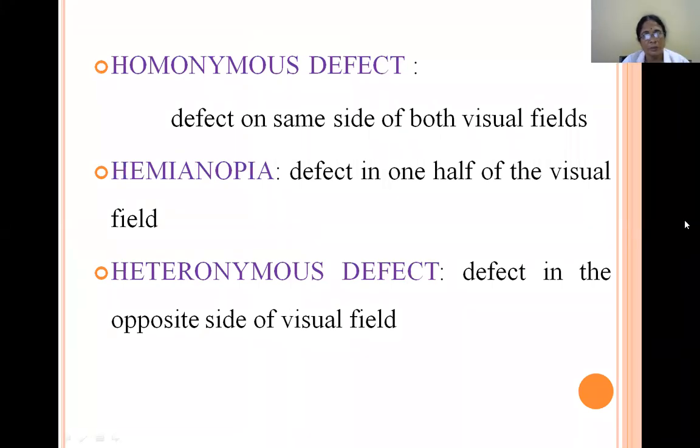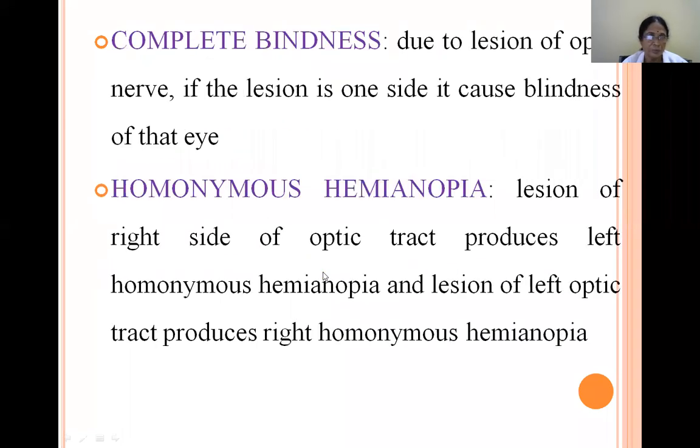Homonymous defect: defect on the same side of both visual fields. Homonymous means same side of both fields. Heteronymous means defect on opposite sides: one side may be the right and one side may be the left field of vision defect. Therefore, that's called heteronymous. Complete blindness is loss of vision due to a lesion of the optic nerve.